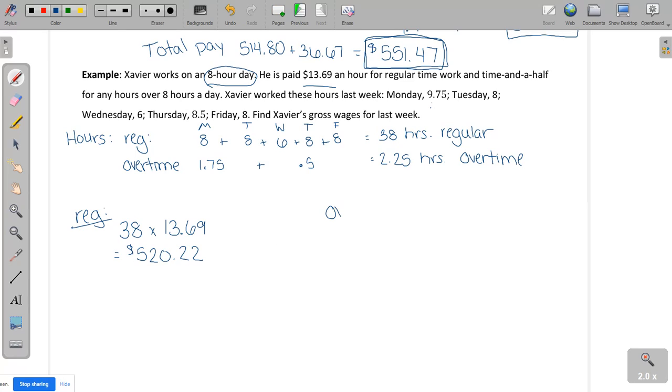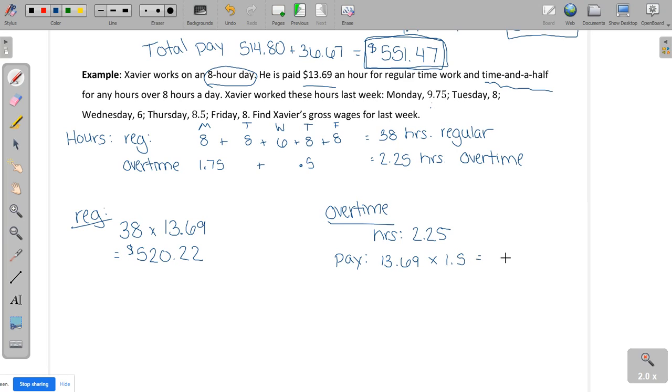Now let's look at overtime. We know how many hours he worked. So hours is 2.25, and we need to find the pay. So we're going to take the amount that he gets paid, $13.69, and multiply it by time and a half, so 1.5.